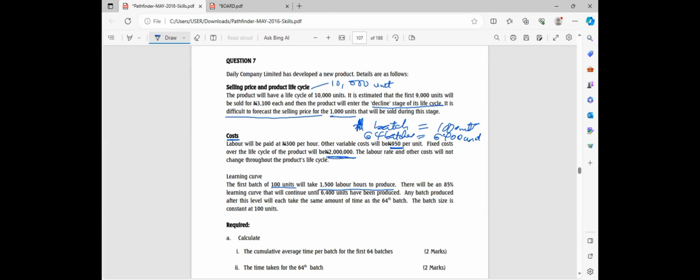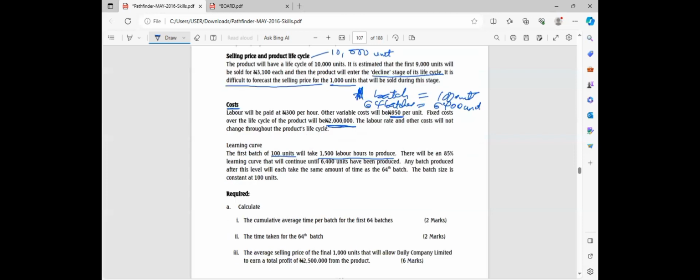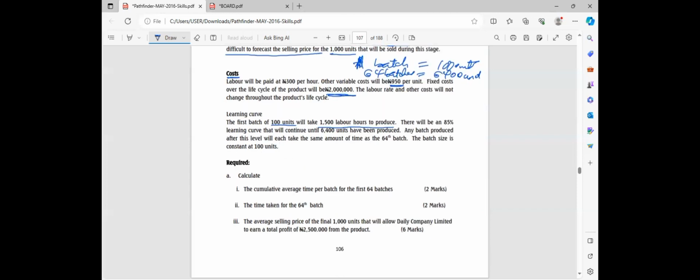Required: A, calculate the cumulative average time per batch for the first 64 batches. 2, the time taken for the 64th batch. 3, the average selling price of the final 1,000 units that will allow Daily Company Limited to earn a total profit of 2,500,000 from the product.